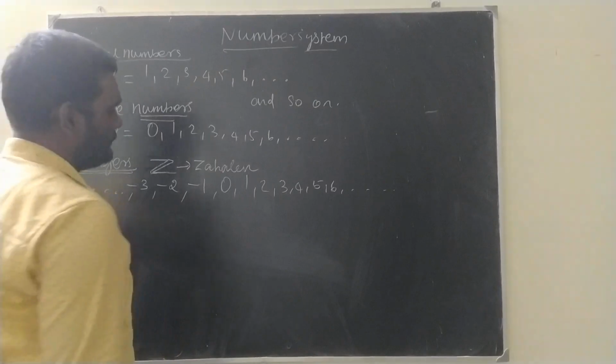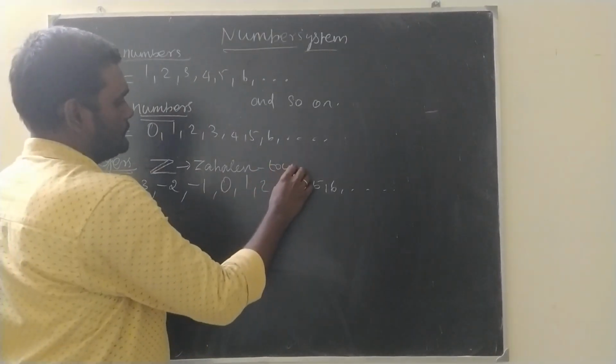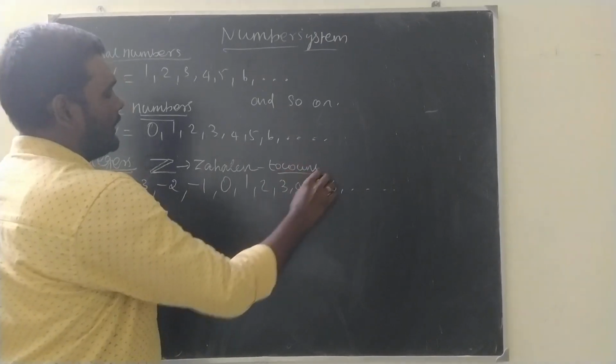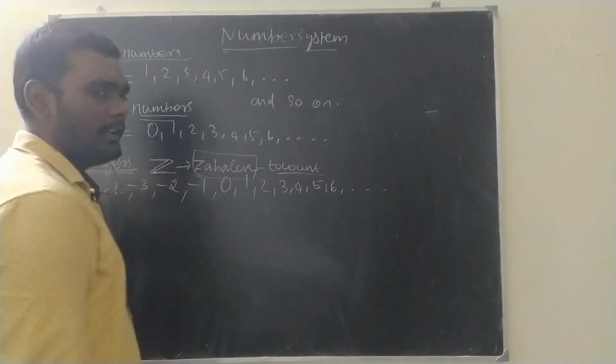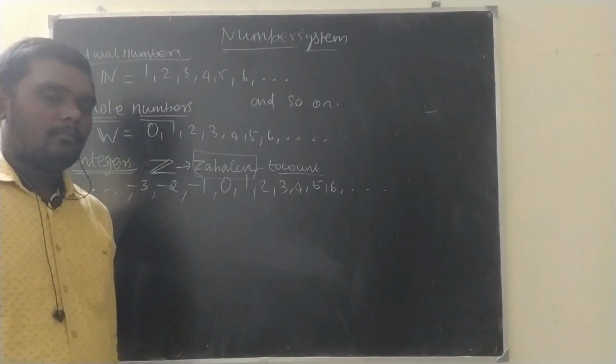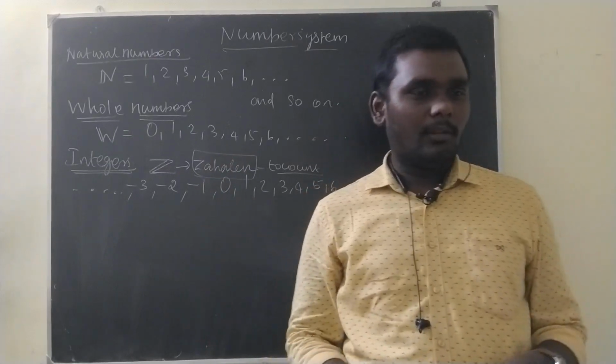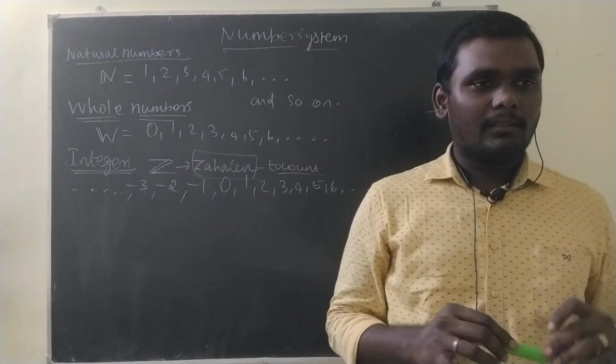That Z stands for Zahlen, meaning "to count" in English, and this comes from the German language. Okay. So can you repeat whatever I said? We have discussed 3 types of number systems.